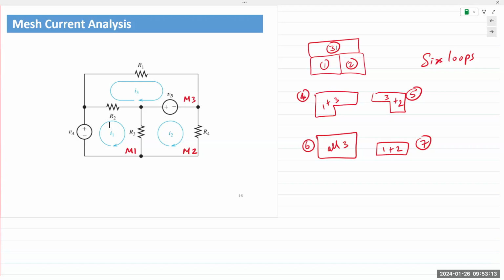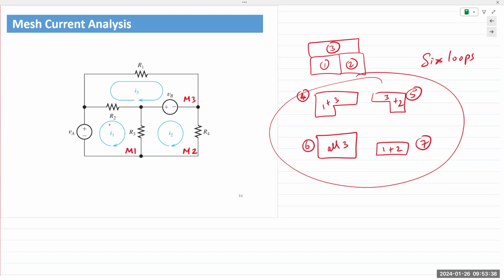A mesh is defined as a simple loop that does not contain any other loop inside it. If you look at number 4, 5, 6, or 7, the electrical loops have other smaller loops inside them.